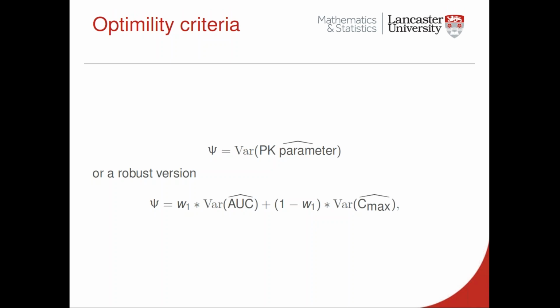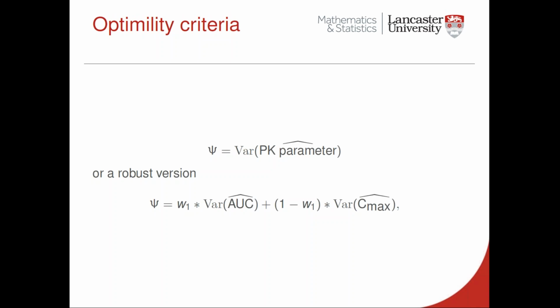So what we have chosen in our illustration is we weighted both components equally, and rather than looking at the variance of AUC and the variance of Cmax, we've actually looked at the scaled variance of both of them. Now, that difference might not be immediately obvious why we've chosen to work on the scaled version, but basically the idea is we're going to bring the variability of AUC and the variability of Cmax onto the same level, and then weight them equally.